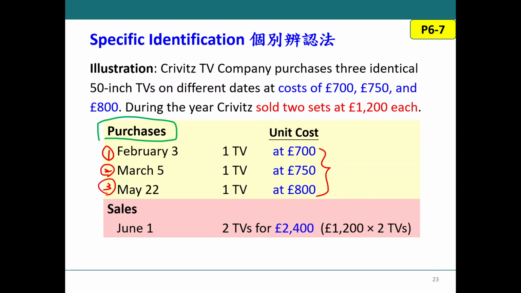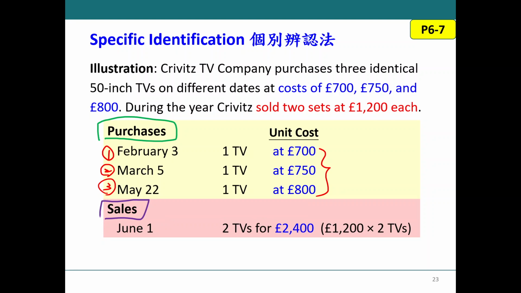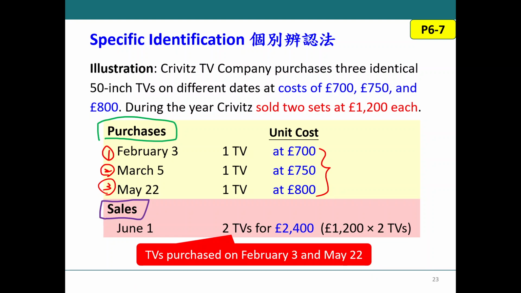After you have 3 units, later on you sell 2 TVs. Could you tell me which TVs you sold to customers? You sold 2 TVs on June 1st. For specific identification, do you know which one was sold? Yes. Here we told you which ones: the 2 TVs you sold to customers are from February 3rd and from May 22nd.